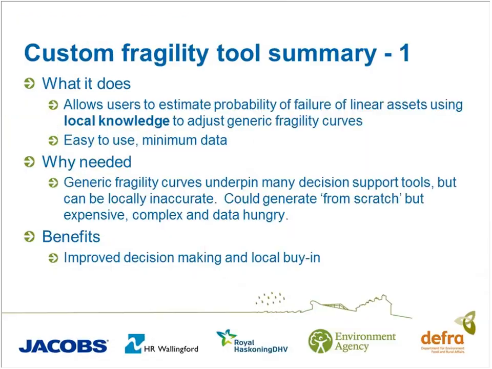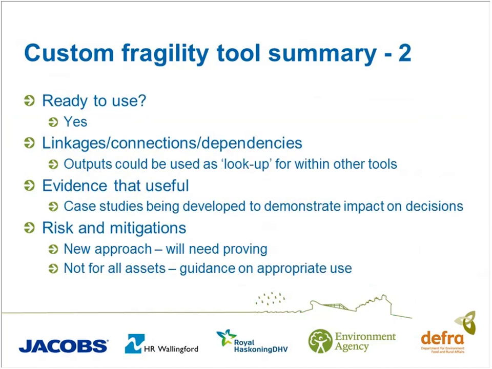If we move on to the summary of this particular tool, the custom fragility tool allows people to estimate the probability of failure of linear assets using their local knowledge to adjust those generic curves. If we move to the final slide, it's ready to use. It's just an Excel plugin, and we believe it's got to the point where it's a useful tool.